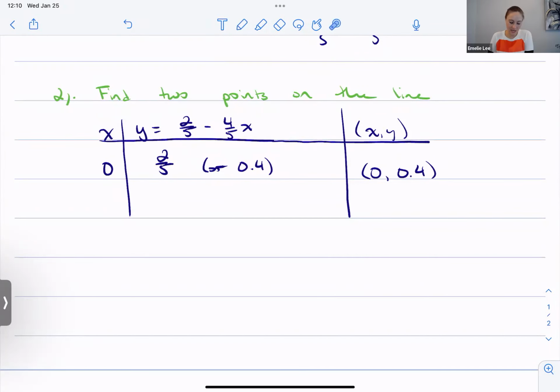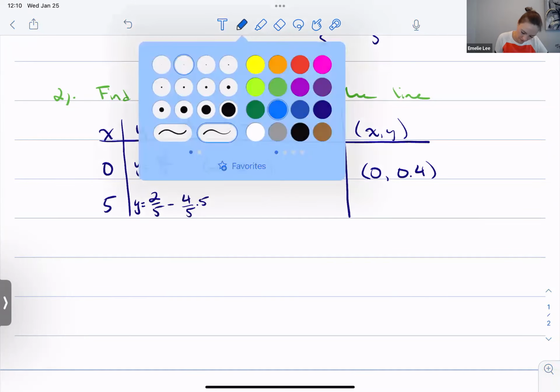And then, like I said, I'm going to choose a convenient value of x here. Okay. And so I have 5 as a convenient value of x because 5 divided by 5 makes 1. So then I'm just left with 2/5 minus 4. Okay. Which is, so y is equal to 2/5 minus 4/5 times 5.